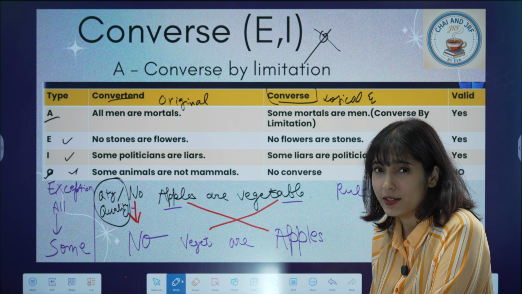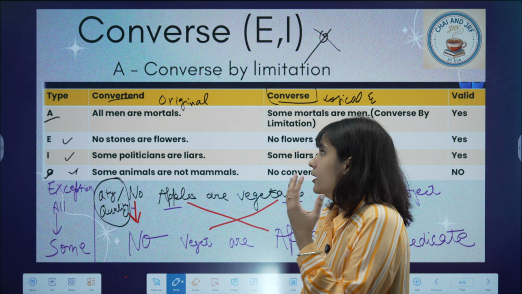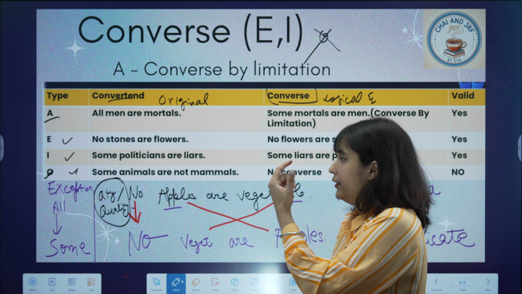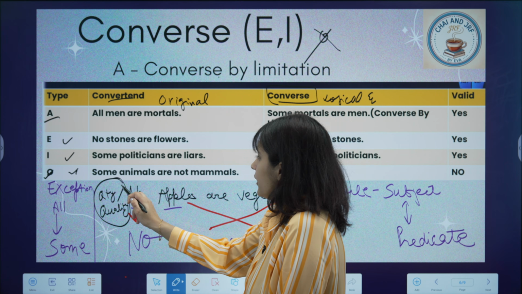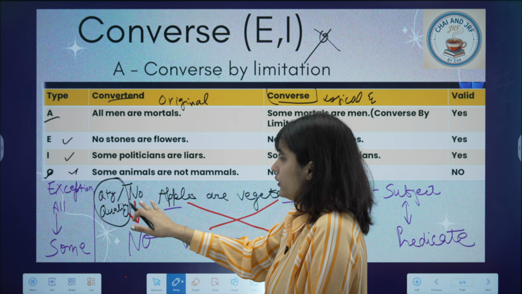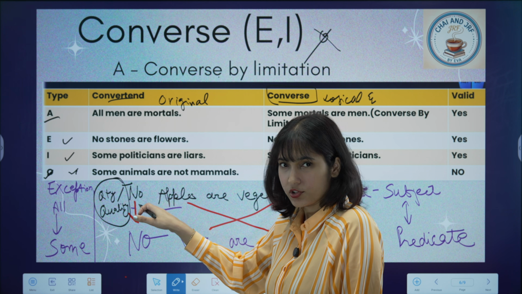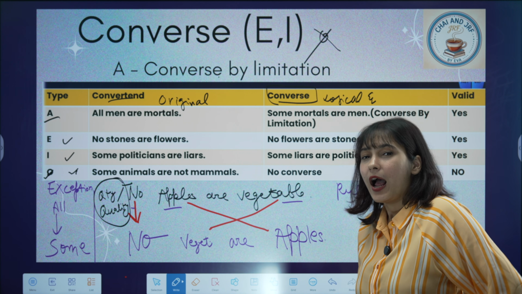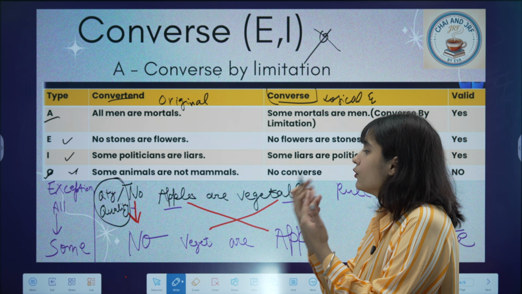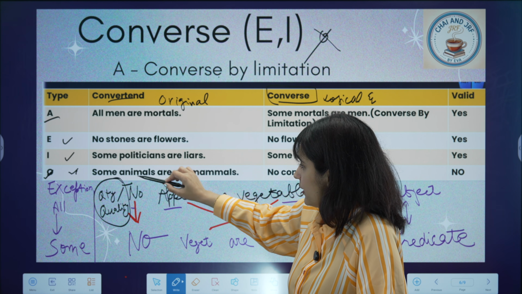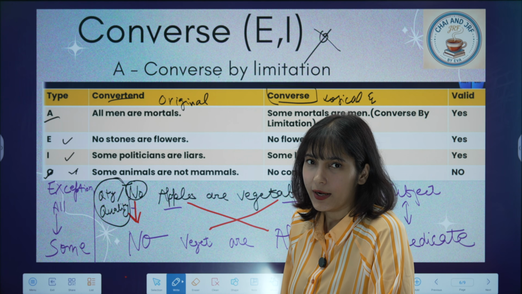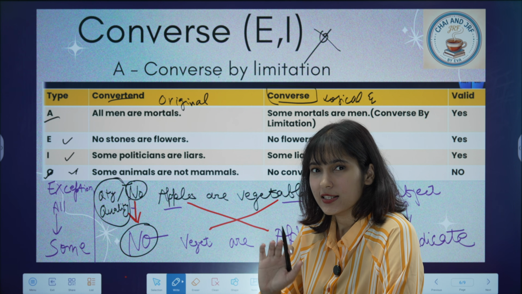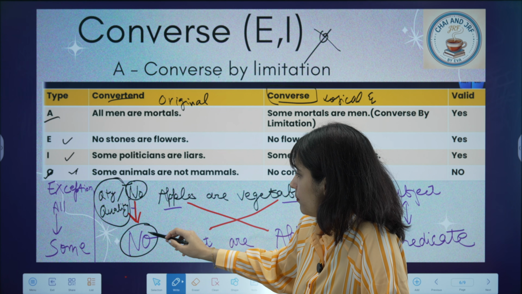So now let us understand the basic rule. How do we convert this convertend into the converse logical equivalent? Here is the example for no that I have taken. It is the E type of proposition, that is no. For example, no apples are vegetables. What we are going to do here is that quantity and quality will remain the same.